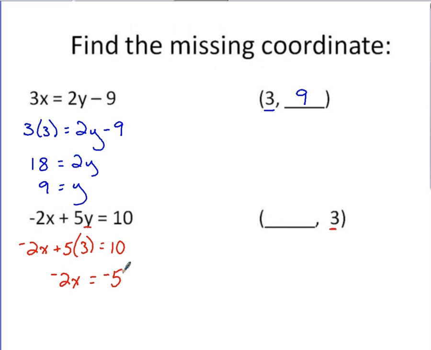Negative 2x equals negative 5. Divide by negative 2, we get positive 5 halves. So the missing x coordinate is 5 halves. Essentially the same thing as the intercepts, it's just now we're not dealing specifically with zeros.